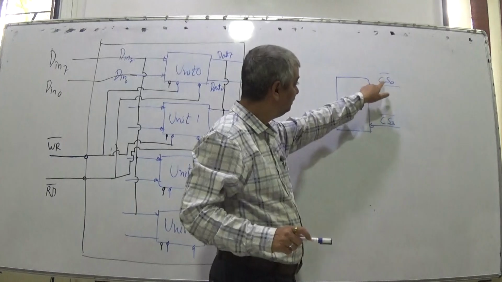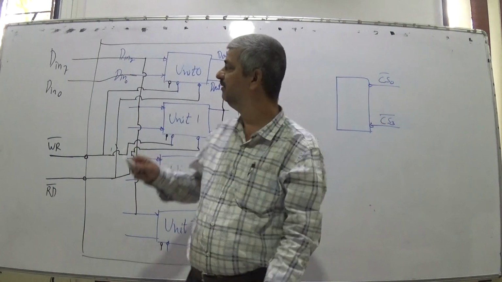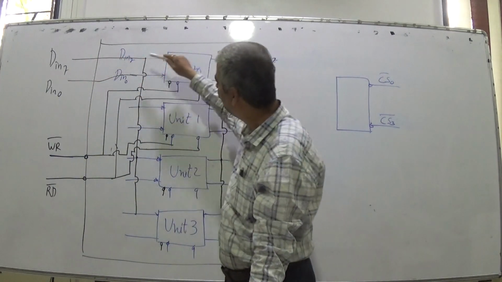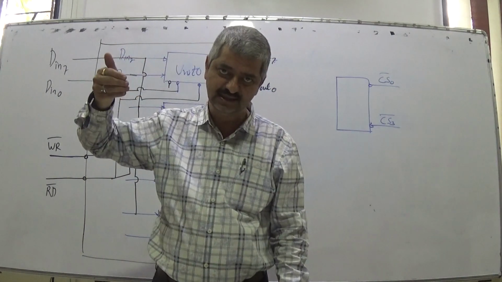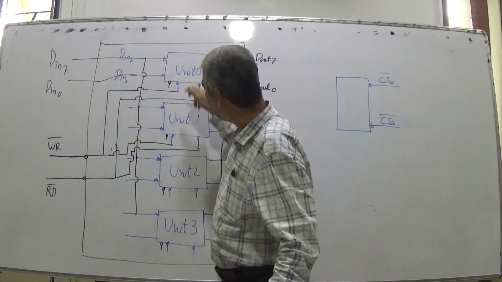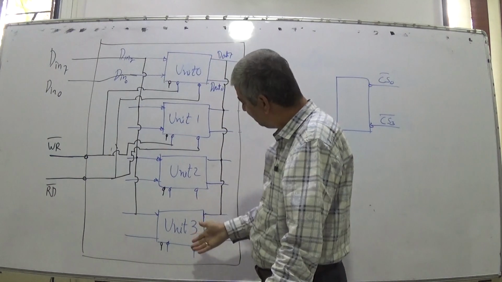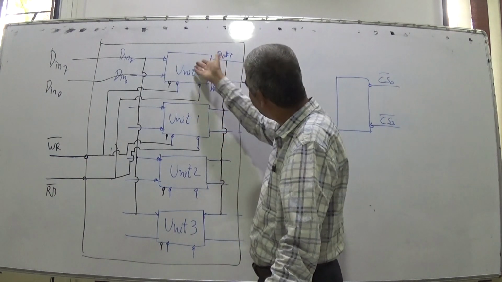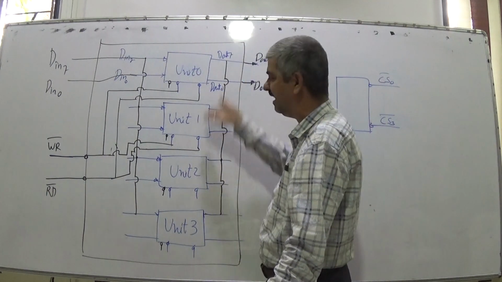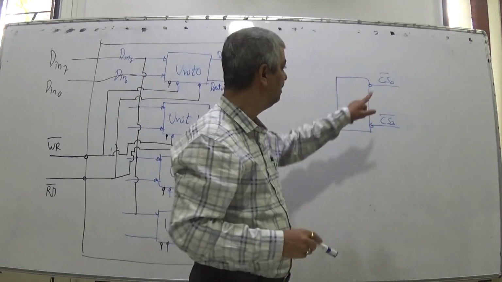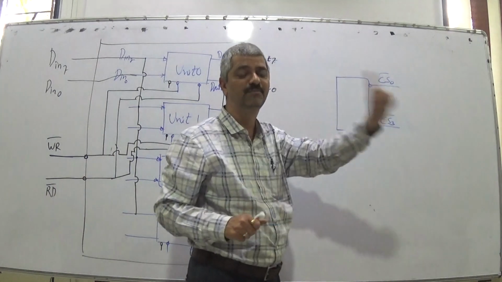So using this sequence CS0 bar to CS3 bar, whatever is there on the data lines is to be written into one of them or not at all. Whatever is here, I want that something from this should appear here, or something from this should appear here, or nothing should appear, all data lines should be hanging. So you decide either to select one of the 4 units or none of the units.